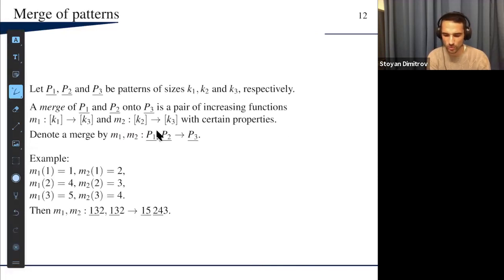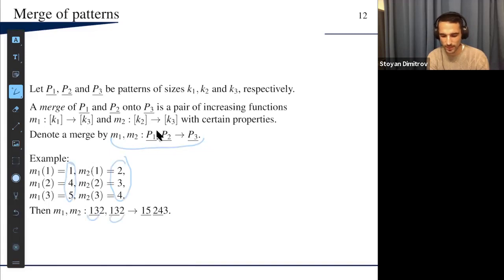So I will denote a merge in this way. And here is a quick example corresponding to what I showed in the previous slide. These two functions, M1 and M2, encode my merge, because here P1 and P2 are the same pattern, 1, 3, 2.